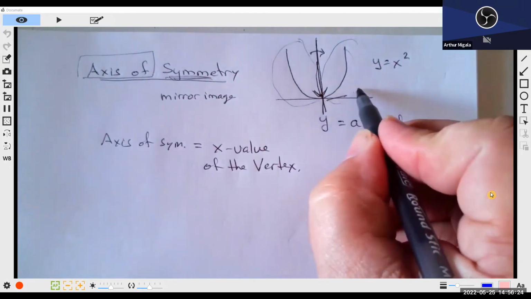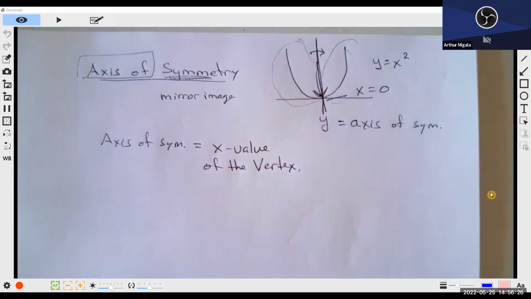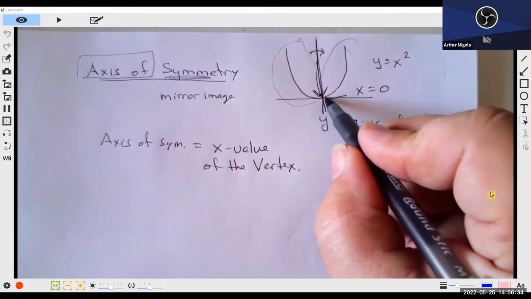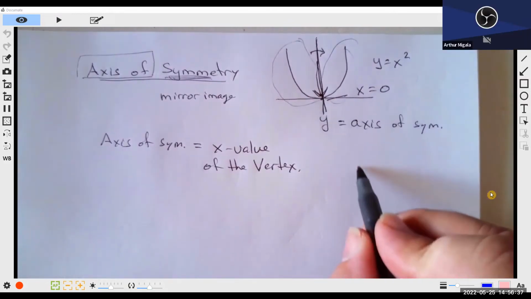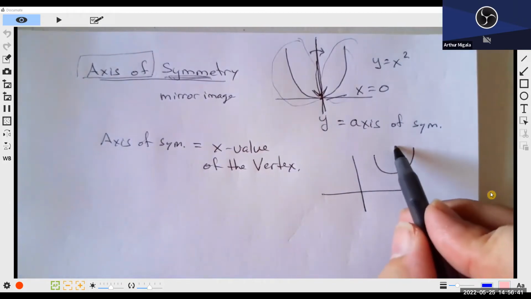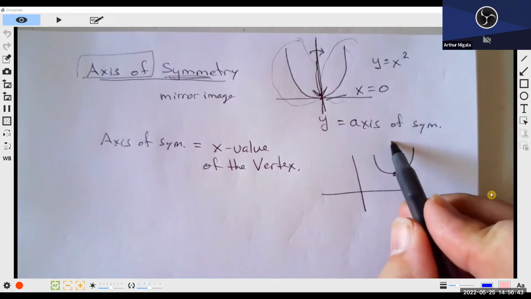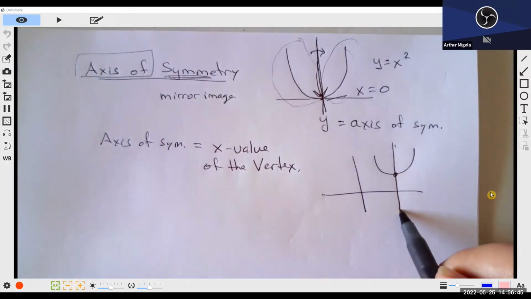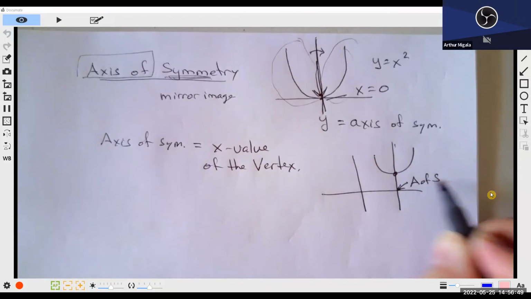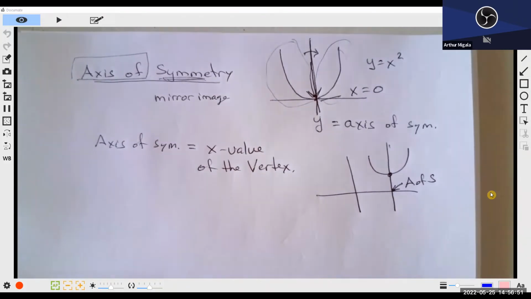In this case, x equals 0. The vertex only has one point. It doesn't matter where the equation is, it only has one vertex. And the line that goes through it, that's your axis of symmetry, the x value.